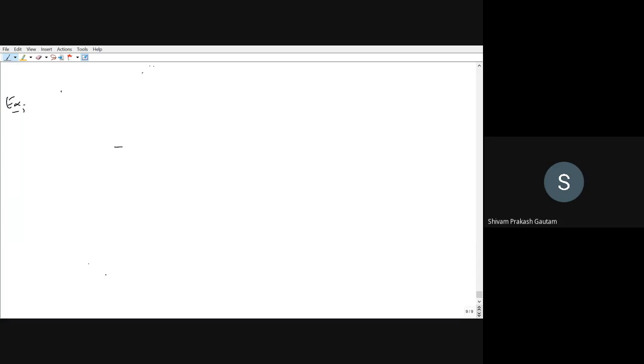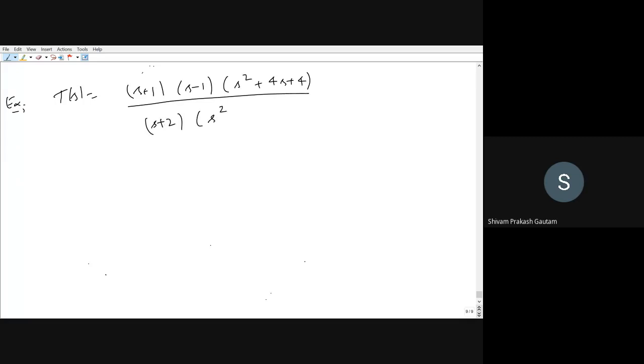Let us suppose we have a function T of s equal to s plus 1, s minus 1, s square plus 4s plus 4, whole divided by s plus 2, s square plus 6s plus 9, multiplied also by s plus 10. This is a function where we have to find its poles and zeros.